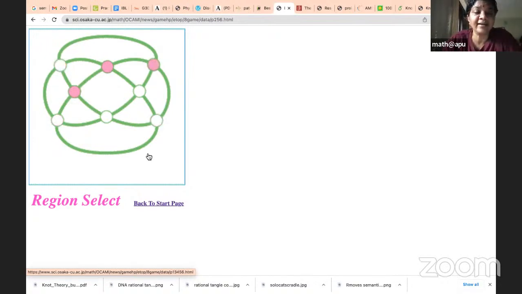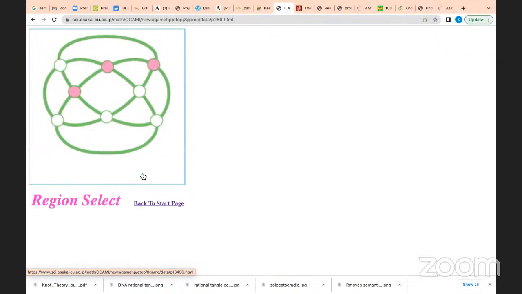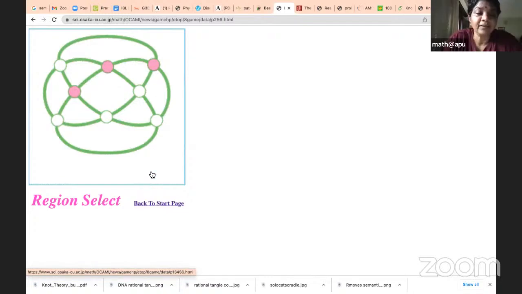When I press the outside region, all the 4 vertices at the corners change. This is the first thing they will figure out, that there is something called an unbounded region. If we take any knot diagram, for example, over here, we have regions that are inside, and then there is one unbounded region.